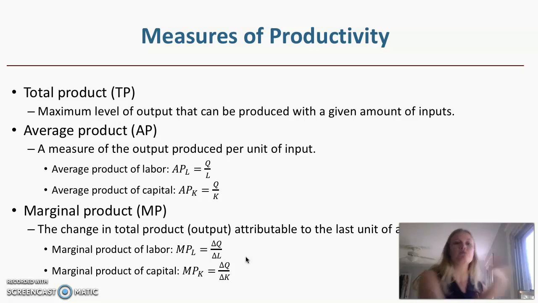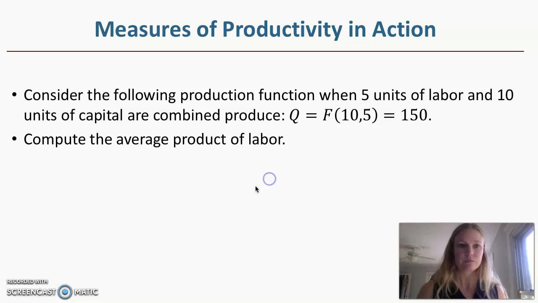Marginal is always one more. So the marginal product of labor is the change in total product over the change in workers. Or you could think of it as the increase in total product if I hire one more worker. The increase in total product if I get one more machine. Okay. So these are short run concepts because we're holding something constant. Average product of labor, we're assuming capital is held constant.